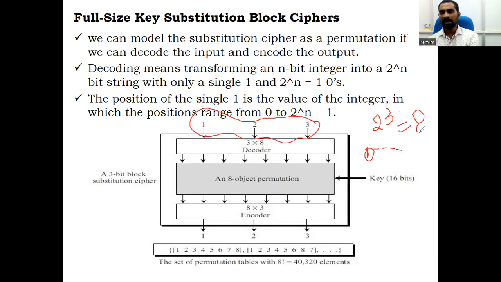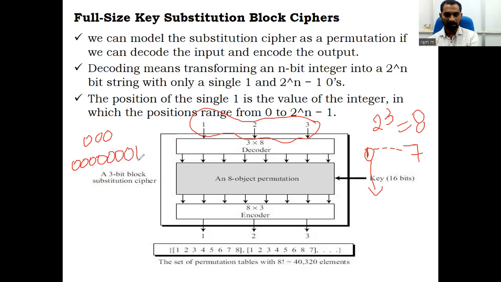I can represent this 8 as values 0 to 7. Now, how am I going to represent this 0? Consider 3 bits 0. Now I'll represent this using 8 bits: 0, 1, 2, 3, 4, 5, 6, 7.